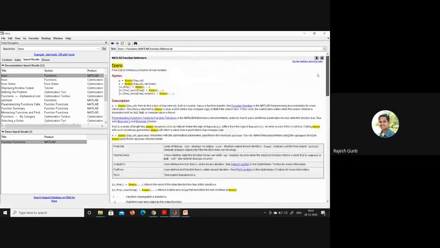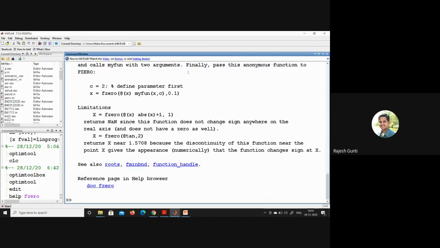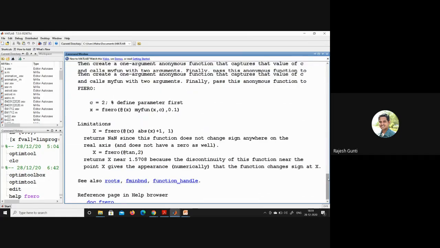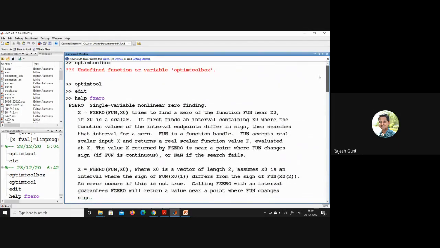Like this, the help button is a very useful button in MATLAB. Suppose you forget anything, use the help command, for example, help fzero. Complete information will come here. Help command name.